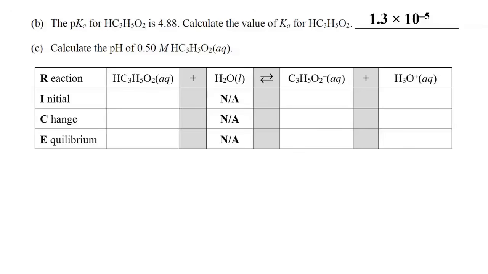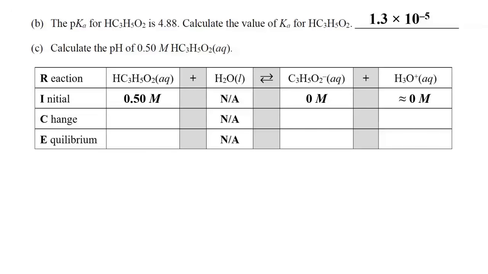Let's fill in the initial row of this rice table. So that's the concentration of propanoic acid, 0.50 moles per liter. And then initially, we have a concentration of 0 for this conjugate base, the propanoate ion. And the concentration of the hydronium ion at the beginning of the reaction would be approximately 0 because it's a very, very small number.